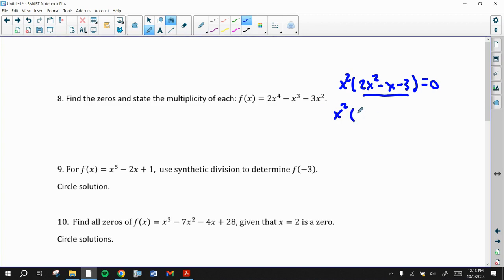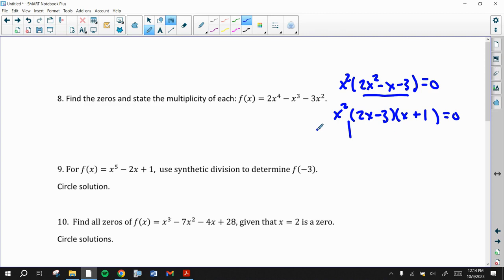But this is going to come out to be 2x plus 1 and 2x minus 3. I think that would do it. Negative 3. Yeah, that will do it. Just check me on that one.